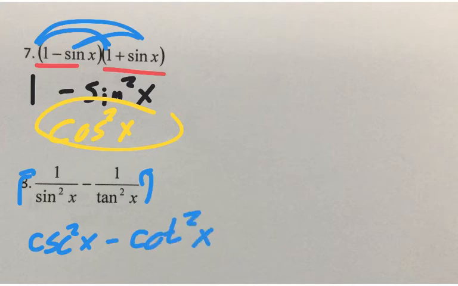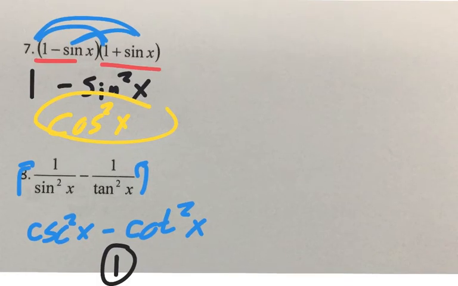And then keep the sign between them, which was subtraction. So now do I have a trig function that says cosecant squared minus cotangent squared? Well, I can make it say that by moving the cotangent squared over. And so cosecant squared minus cotangent squared would be 1. Is everybody okay with that?